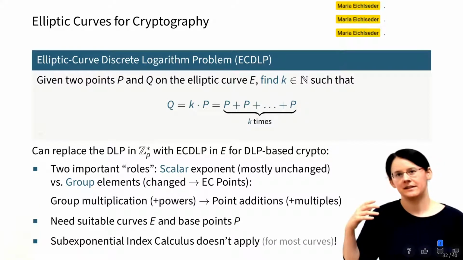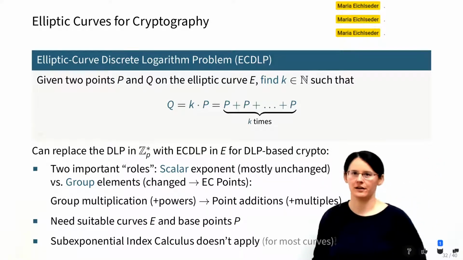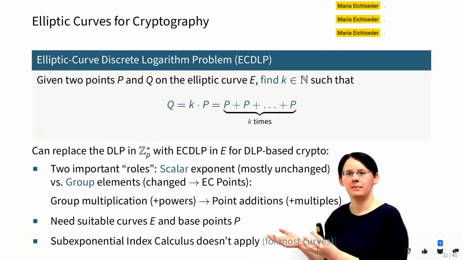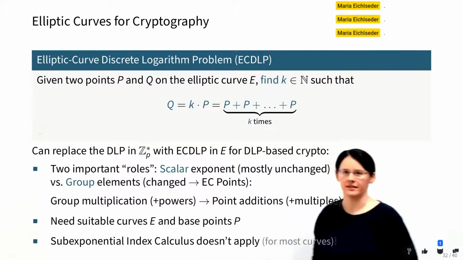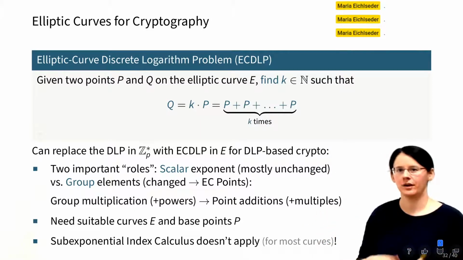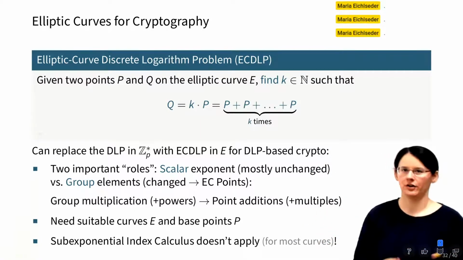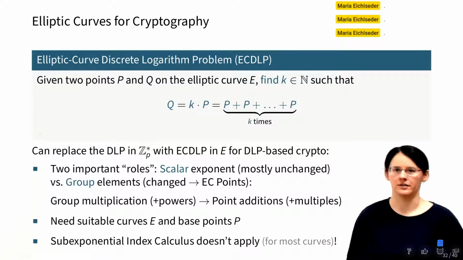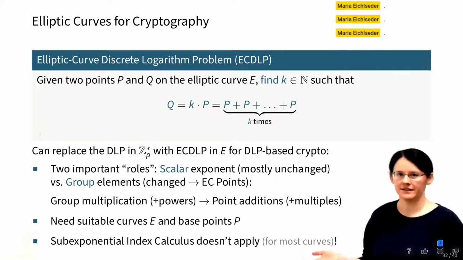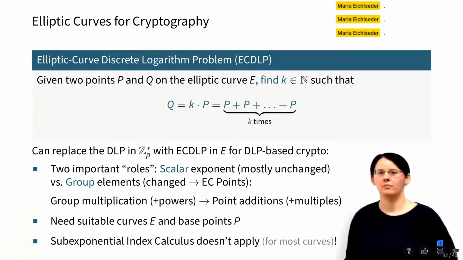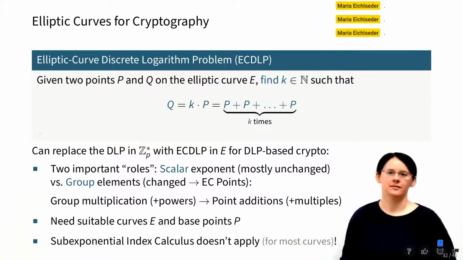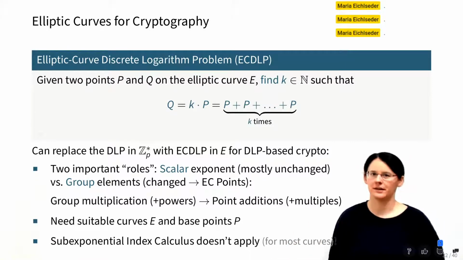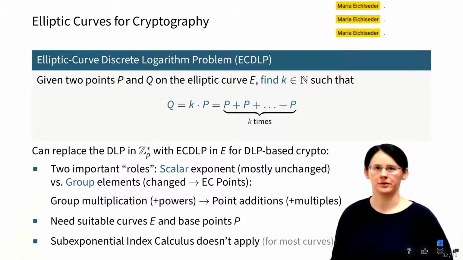And this means that we can translate some of the previous algorithms that we saw, such as Diffie-Hellman, by replacing all the base values by points and all the exponents by scalars like this. And we will then get cryptographic problems which are based on the elliptic curve discrete log problem instead of the normal discrete log problem. And the great thing is, again, that as far as we know, for most of the curves we can generate this way, the fast index calculus method for finding the discrete log doesn't work.